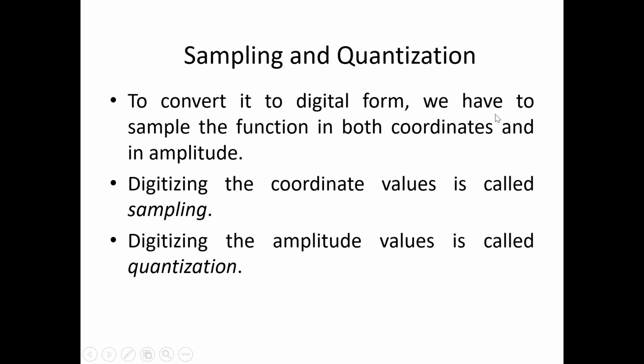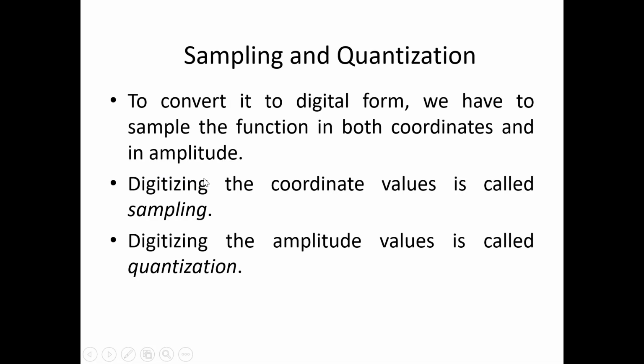So we have to sample the function in both coordinate values and amplitude values. Coordinate values give the location, and the amplitude value gives the intensity value. With these two things, we can convert analog signals to digital images.